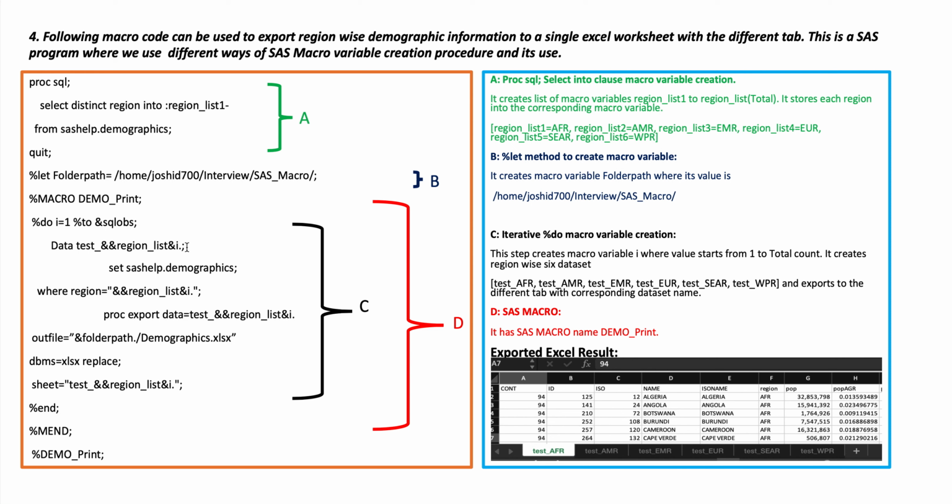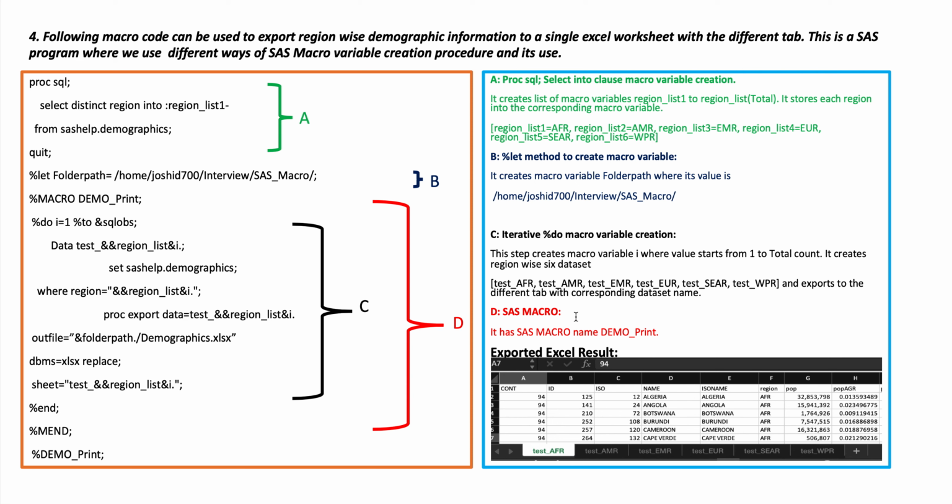That's the first region. Similarly, when I equals 2, this value becomes test_AMR. When its value is 3, this value becomes test_EMR. In this way, it resolves the value of I from 1 to 6.